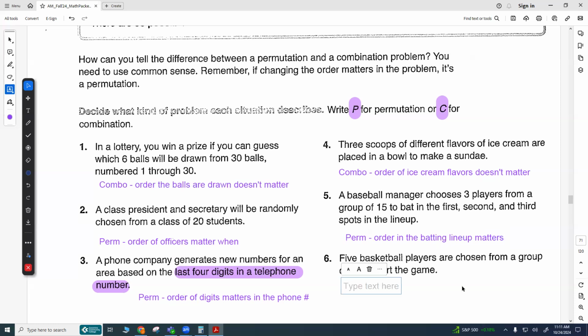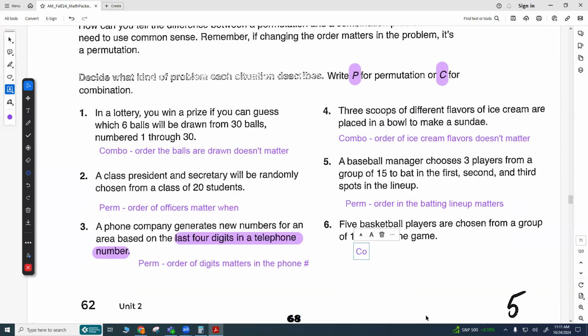So don't feel bad. Okay, number 6, 5 basketball players are chosen from a group of 12 to start the game. Does the order matter for these players? No. Good. Why do you say no, Ryan? Exactly.